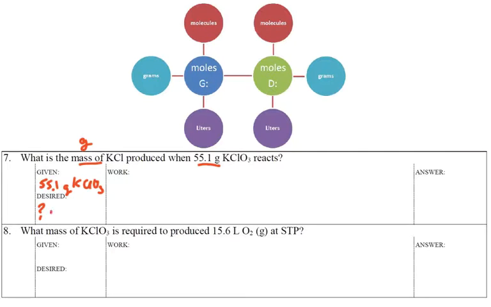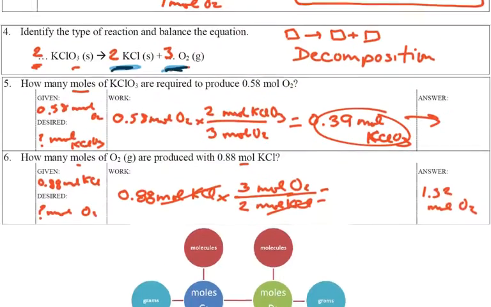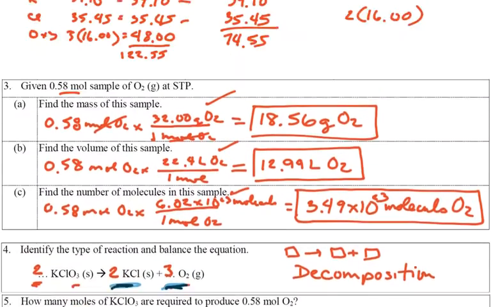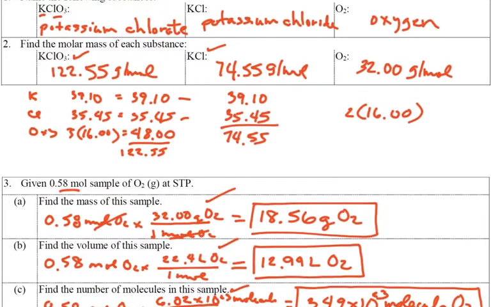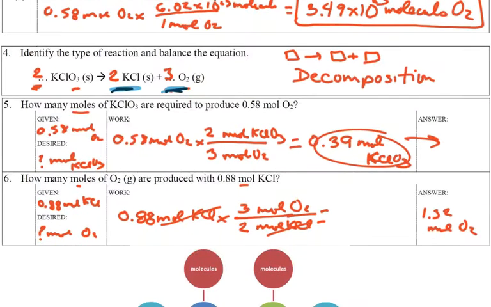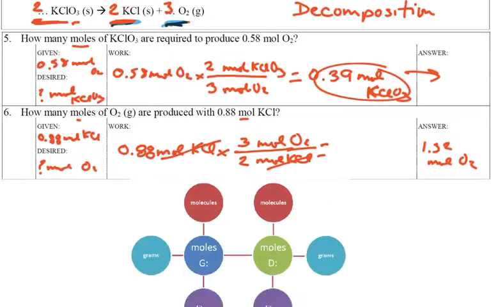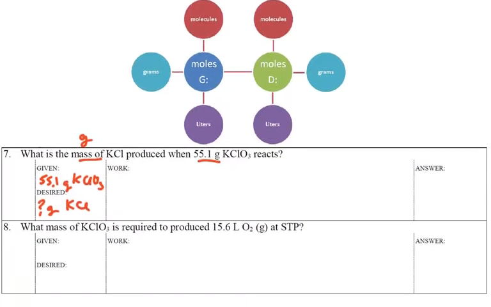So I'm trying to figure out how many grams, and this kind is KCl. So I'm going to be using my molar masses from way up here. I'm going to be using the molar mass of KCl, and the molar mass of KClO3. And I'm going to be using the value here from KCl, the 2, and the 2 from KClO3. So that's how I'll set up my problem.